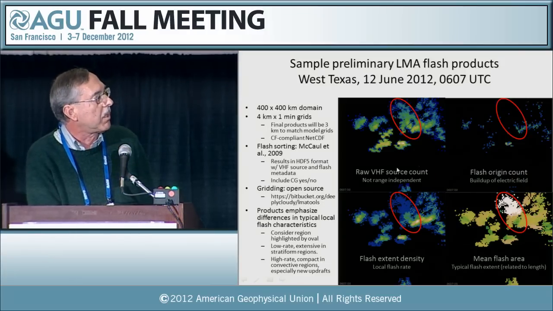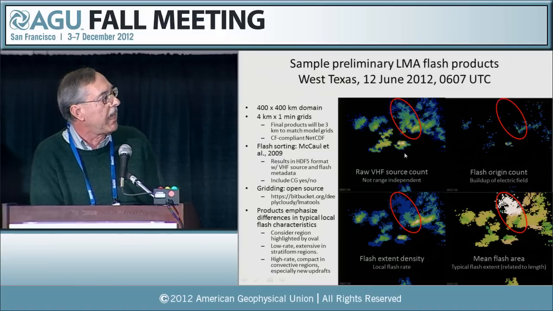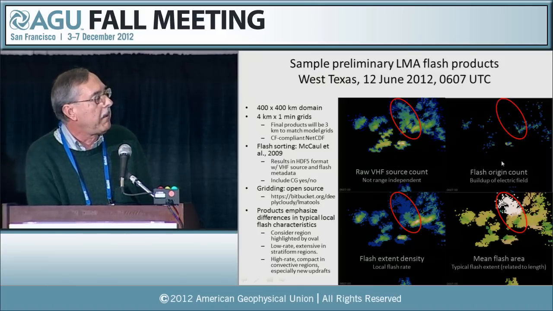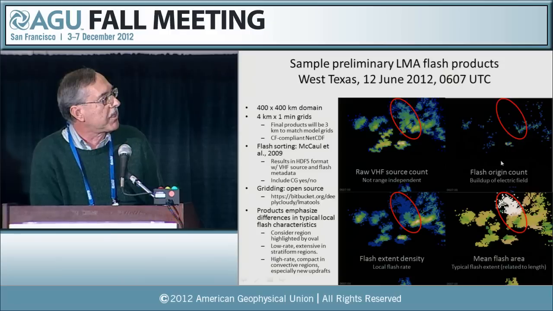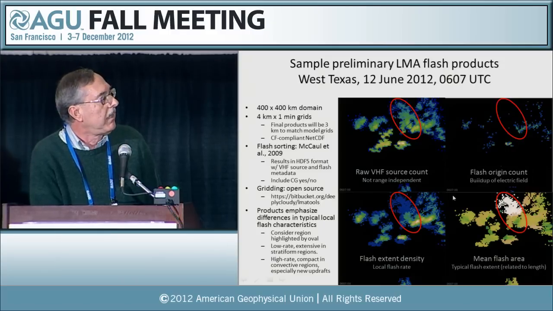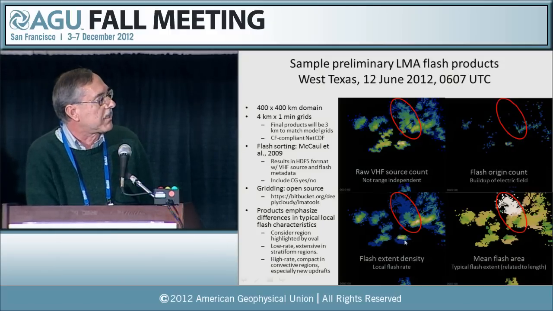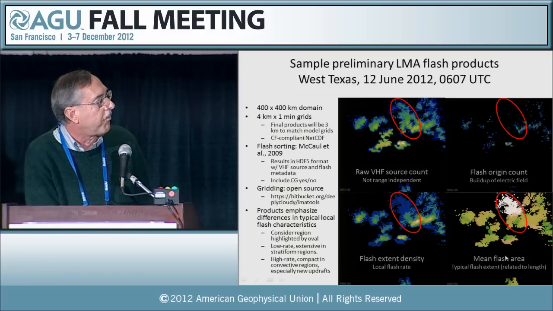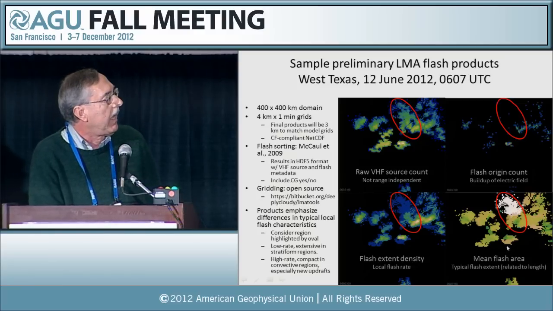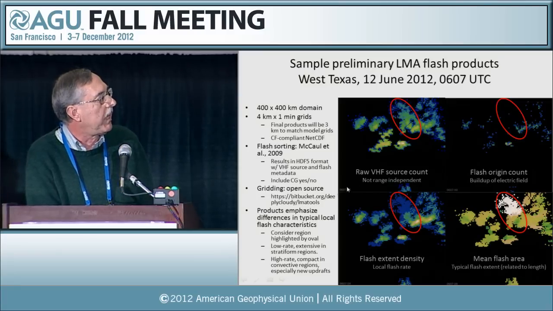This is just a raw VHF source count. And then we'll have a gridded data set for the flash origin, and then one for flash extent, and then one for flash area. So these are the gridded products that we anticipate.